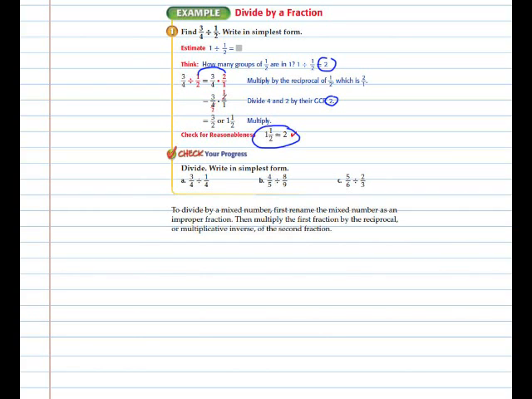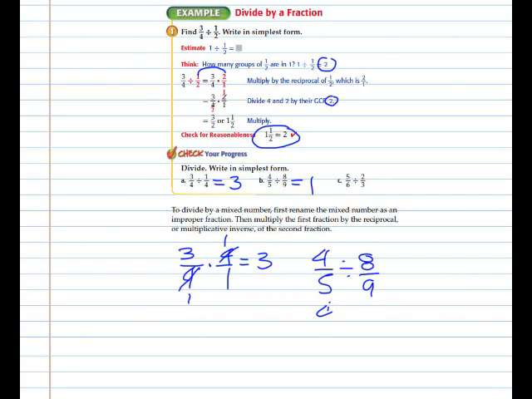In example A, 3/4 divided by 1/4, well, it's obvious that my answer is going to be 3, so I don't really need to estimate there, I don't think. I'll rewrite it as multiplication by the reciprocal of the divisor, just to show you that it works. Simplify dividing by the common factor of 4. My answer is 3. 4/5 divided by 8/9. In example B, I'm going to round both of those to 1, so I'm going to say 1 divided by 1.